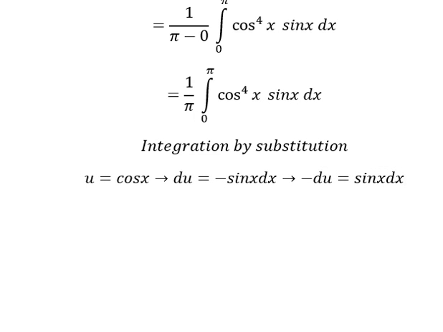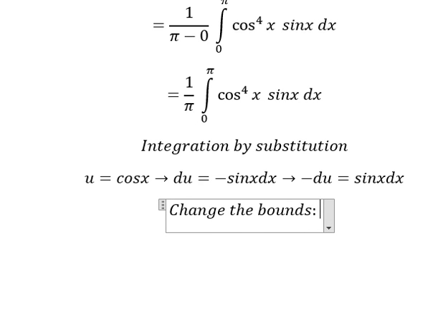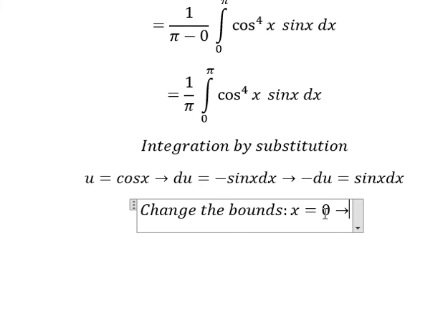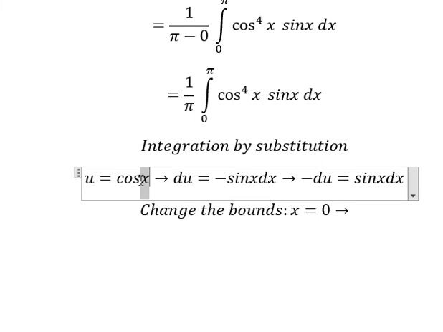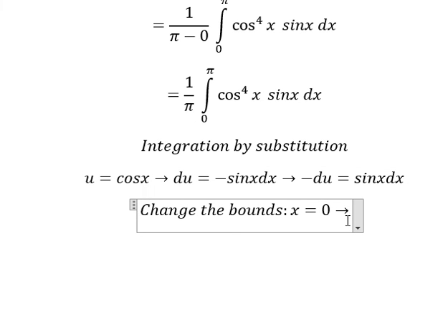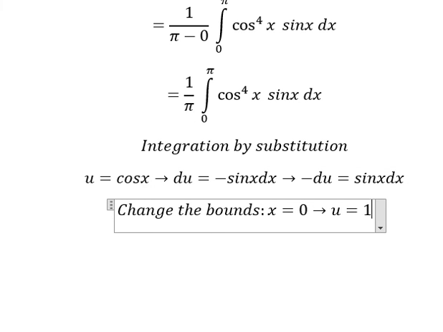Next, we need to change the bounds. When s equals number 0, I put number 0 here, and you get u equals number 1.